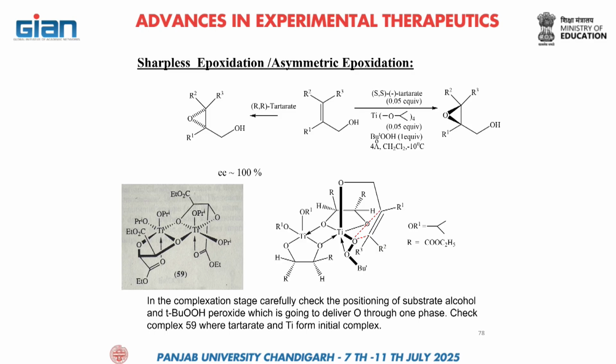Okay. So titanium tetra isopropoxide and diethyl tartrate first come together and make a complex. Now can you see, if we mark it as 59, such a big structure with substituents like titanium isopropoxide and the CO2 ethyl group.